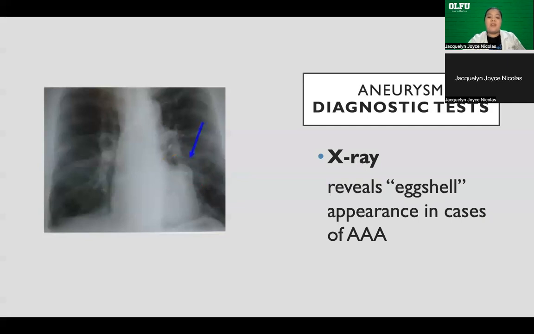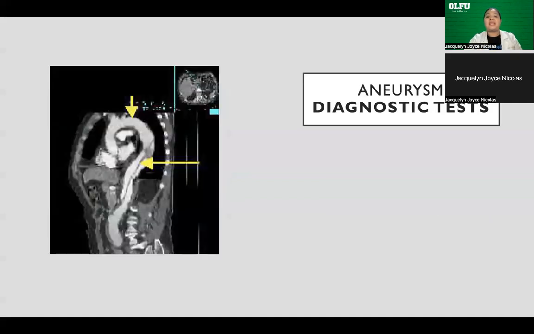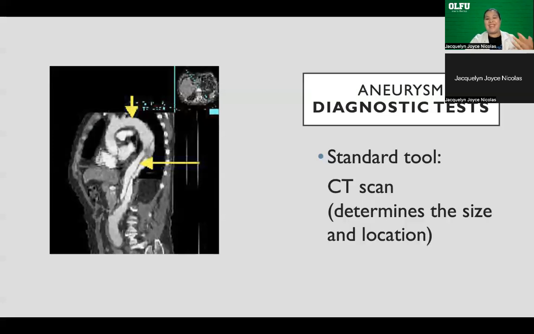Now, another, ito yung usually preferred. Kapag alam naman natin we are dealing with aneurysm, this is what we usually prefer. This is CT scan. Why? Because it will give you a better understanding of what the size of the aneurysm is, di ba?